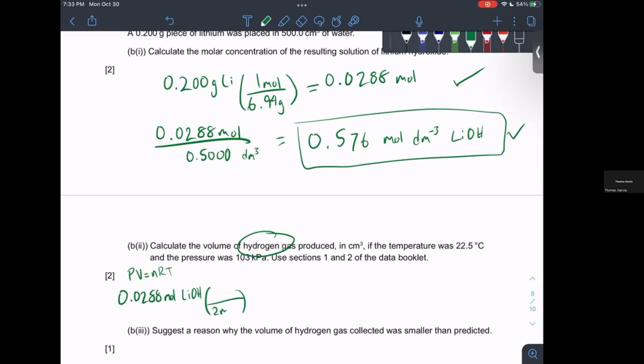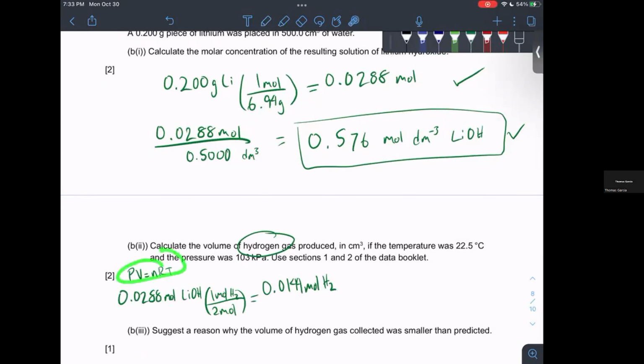We'll convert that 2 mole to 1 mole of hydrogen gas, and we get 0.0144 mole hydrogen gas. All right, now we move back to our ideal gas law.